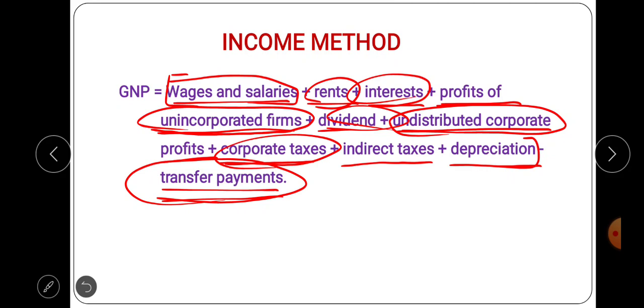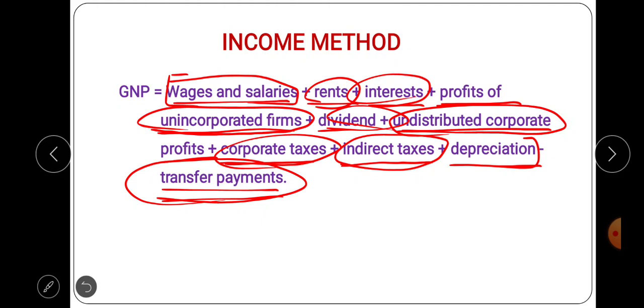Okay, then next, the indirect taxes. What is meant by indirect taxes? Indirect taxes like the sales tax and excise duties are levied on the commodities.